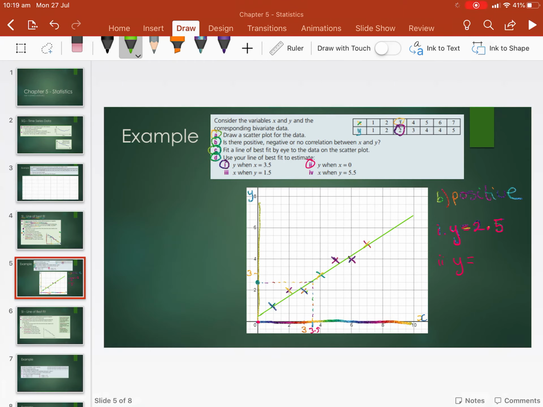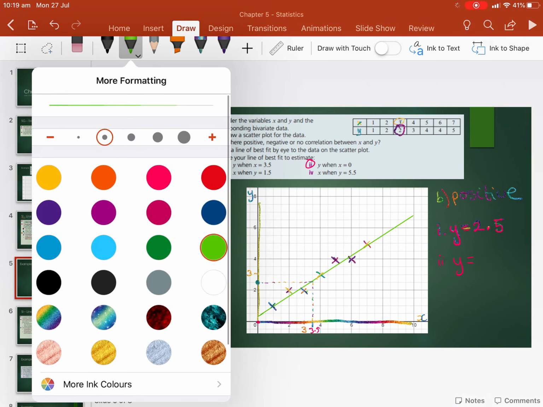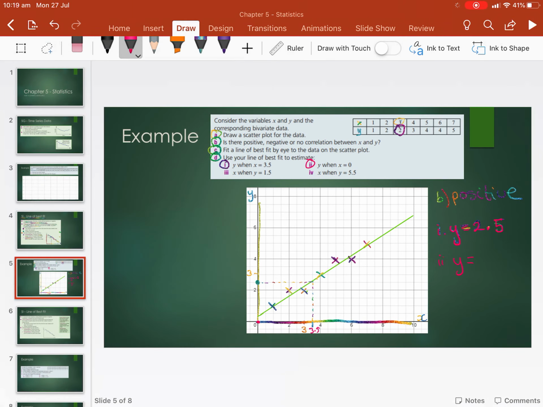There we go. What's the value there when our line hits when x equals 0? It looks like it's halfway. So if this is 1, that's 0.5, that's half. It looks like it's between 0 and 0.5, doesn't it? So it looks like it's about 0.25 because it's halfway between 0 and a half.